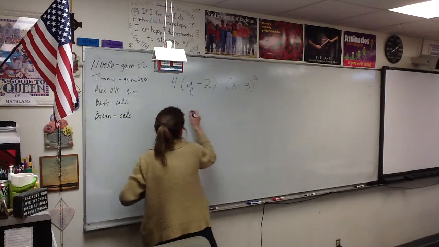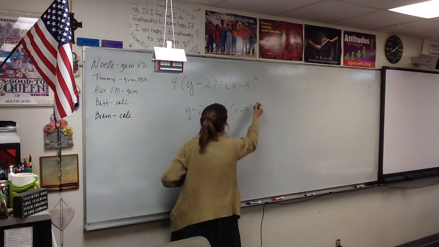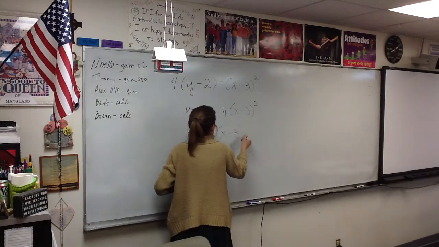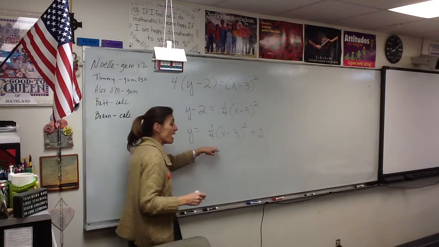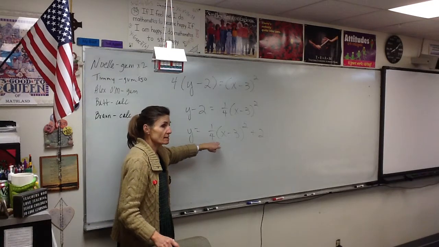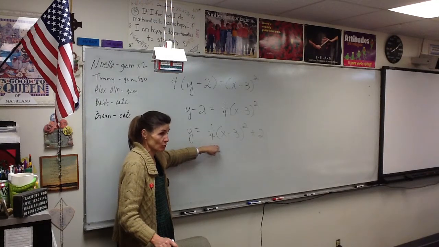So if you wanted to, you could rewrite this equation like this. And that form is more familiar to you because that's what we looked at when we looked at quadratic functions earlier in the year. Would you agree with me?